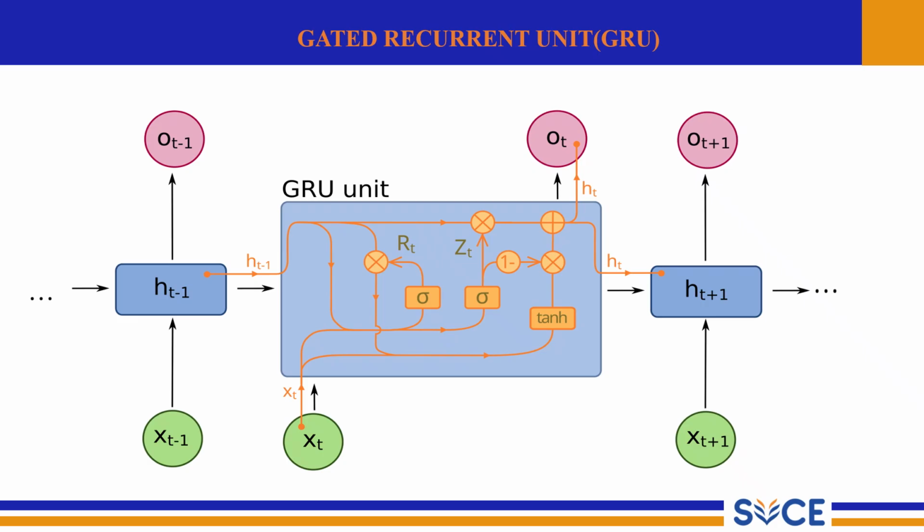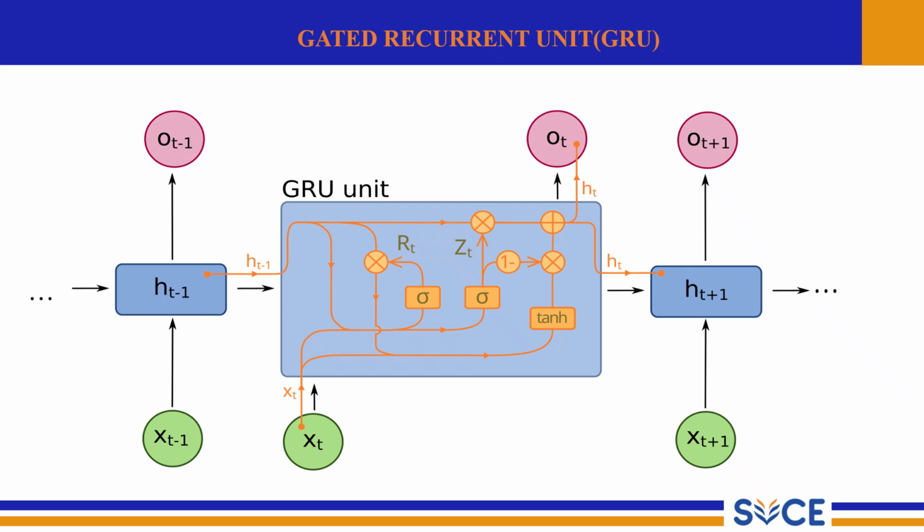And inside the GRU unit, two key gates control the flow of information. The first one is the reset gate and the second one is the update gate.